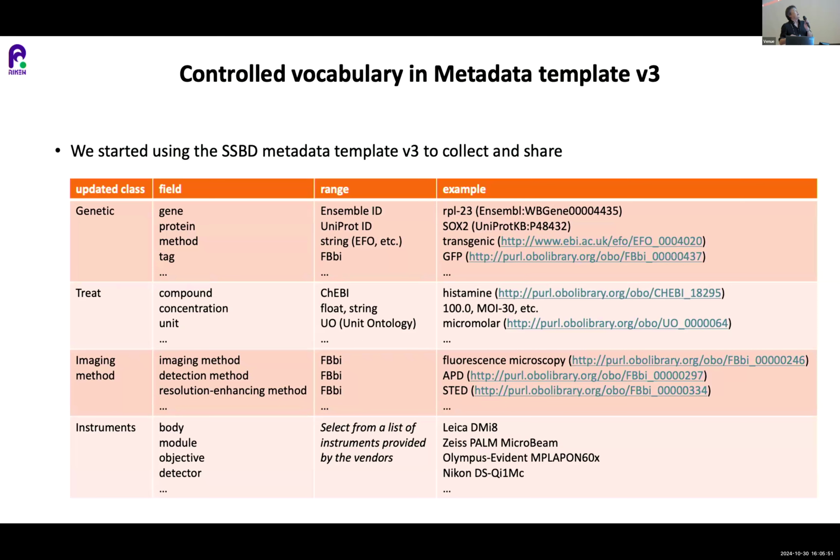As you can see, we selected several ontology systems to represent this information, especially for the instrument. Thanks to the microscope companies, we got the machine specification information from four microscope companies and made a list, so that users can just look at the list and select the instrument they are using. We are very grateful for the cooperation of these companies.